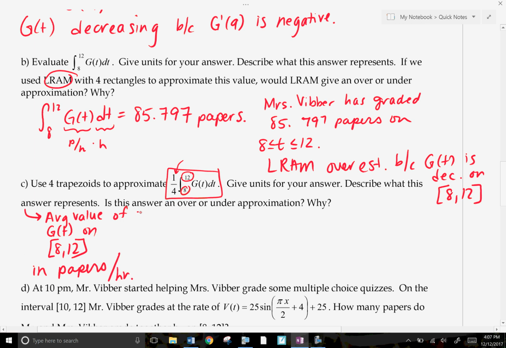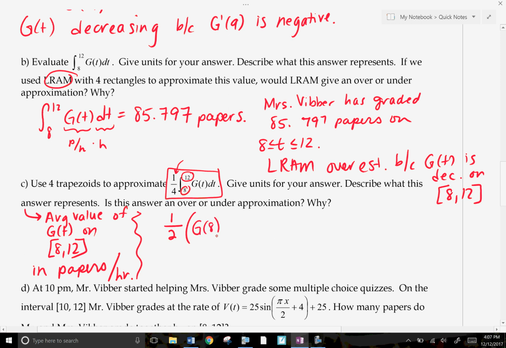Okay, so now I've got to actually do these 4 trapezoids. If I'm going to use 4 trapezoids, they're going to be equally spaced over a width of 4, so they all have widths of 1. Trapezoid is h over 2, b1 plus b2.